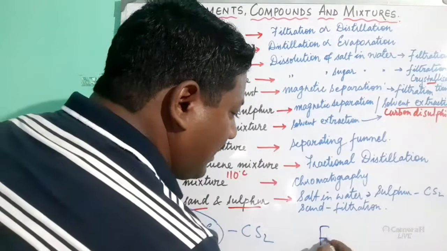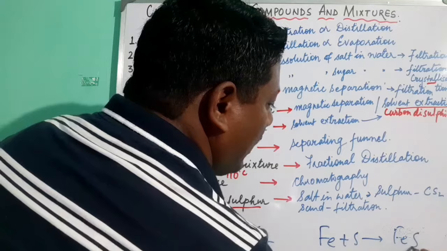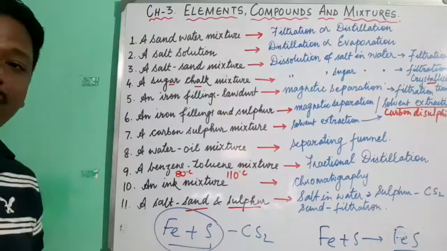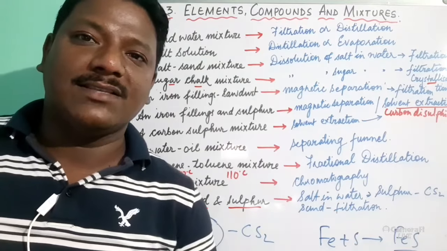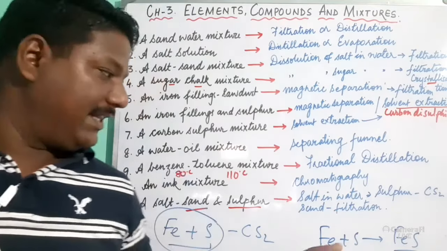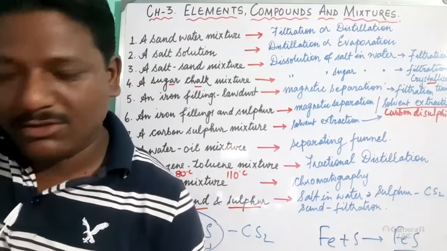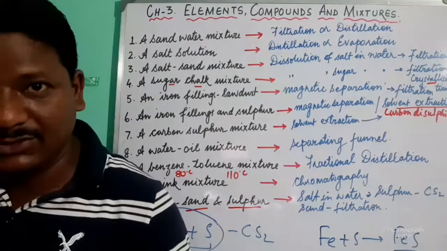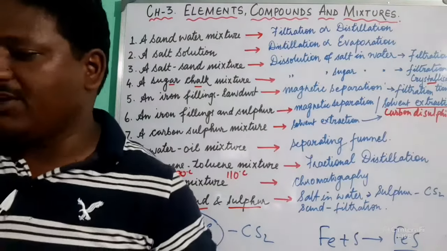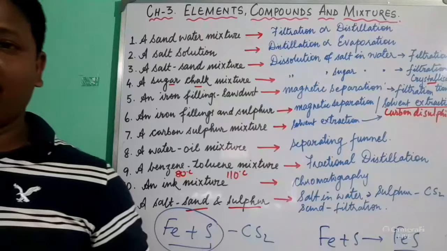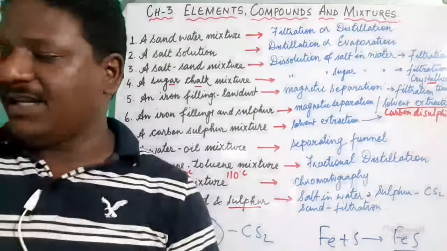But when sulfur and iron combine together and form iron sulfide, a compound, you cannot separate them by using carbon disulfide. So you can write number 7, no, you cannot dissolve out sulfur from iron sulfide using carbon disulfide.